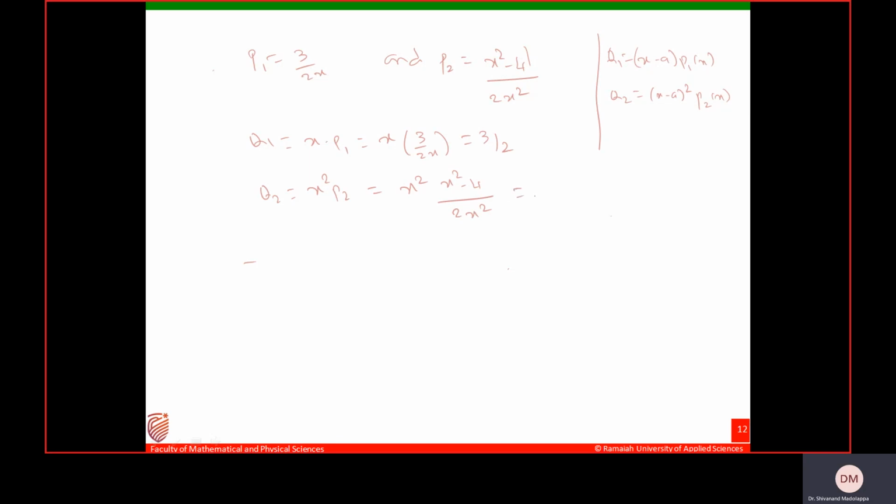After simplification, we will get 1 by 2 times x square minus 4.